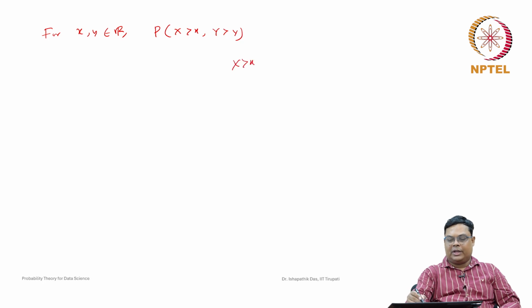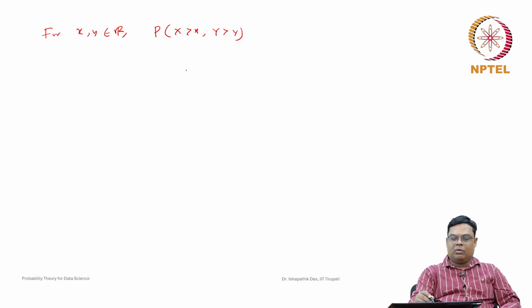We cannot just say that this is 1 minus this; we will see that. If we think it is straightforward and just take the complement, then it may not be true.